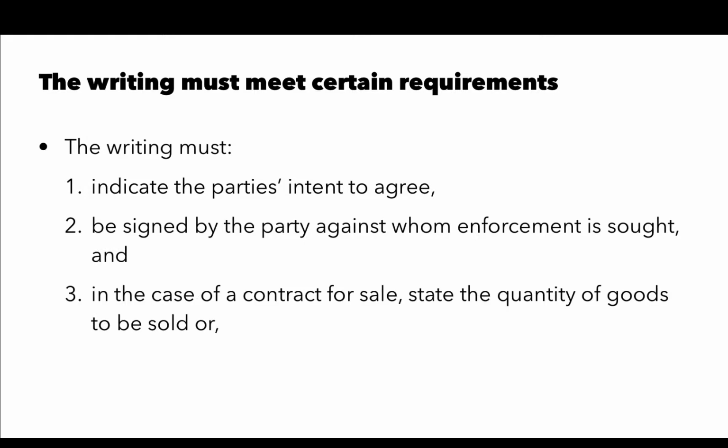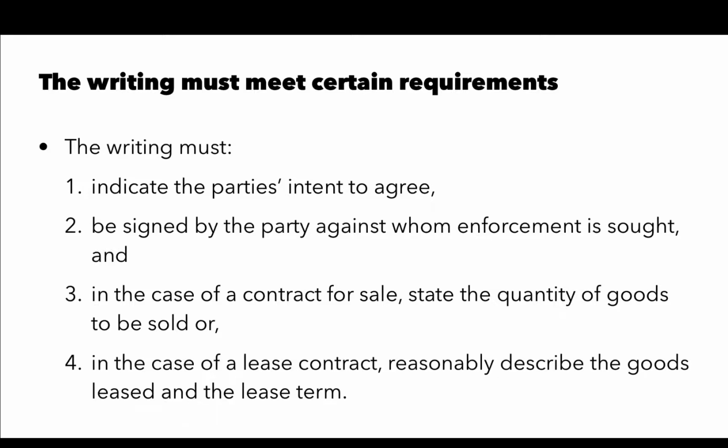Now, in the case of a contract for sale, it must state the quantity of goods to be sold, unless it's a requirements contract or an outputs contract. And finally, in the case of a lease contract, it must reasonably describe the goods leased and the lease term. So the UCC has made changes to the Statute of Frauds.